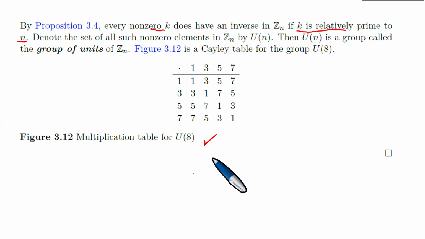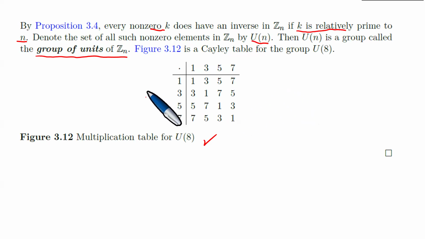So we'll discuss the group U8, for example. Denote the set of all such non-zero elements in Zn by Un. This is very important. Then Un is a group called the group of units of Zn. In figure 3.12, we have a Cayley table for U8.